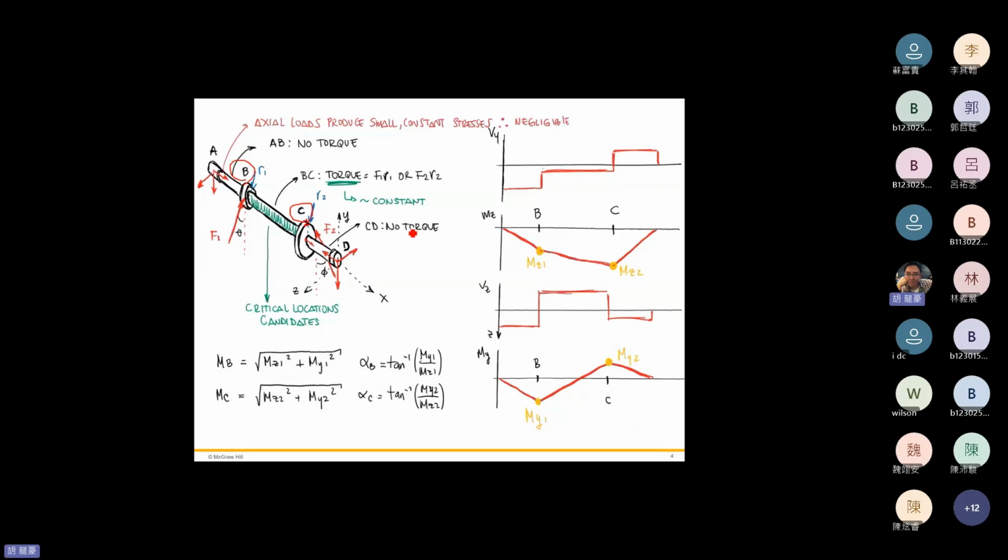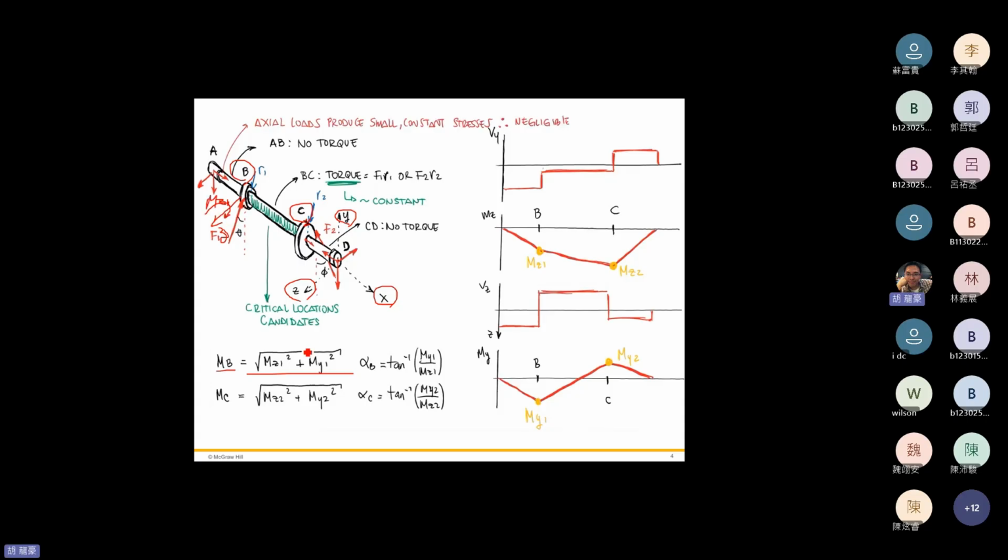Therefore, the resultant moment at point B equals the square root of Mz1 squared plus My1 squared. If you look at these coordinates, x, y and z, Mz1 means the tangential force produces the bending moment in the z direction. So for this z direction right here, there's a bending moment Mz1.